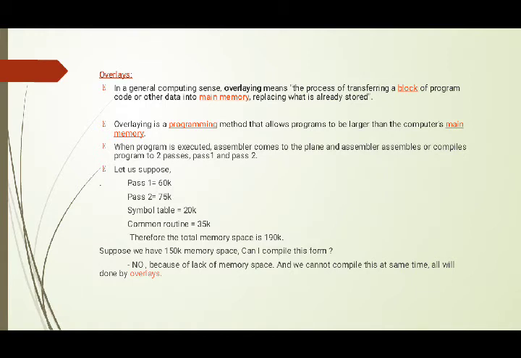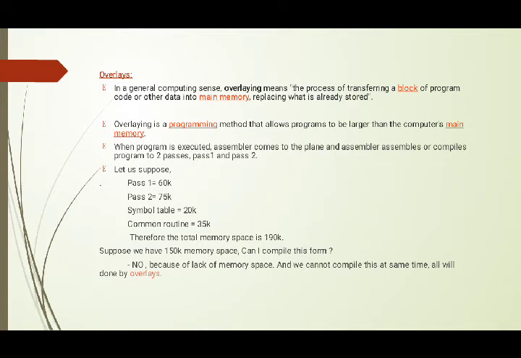In a general computing sense, overlaying means the process of transferring a block of program code or other data into main memory, replacing what is already stored. Overlaying is a programming method that allows programs to be larger than the computer's main memory.